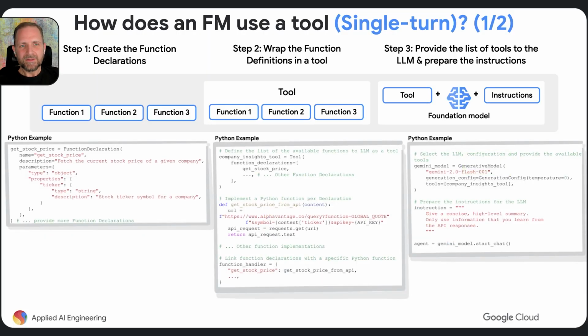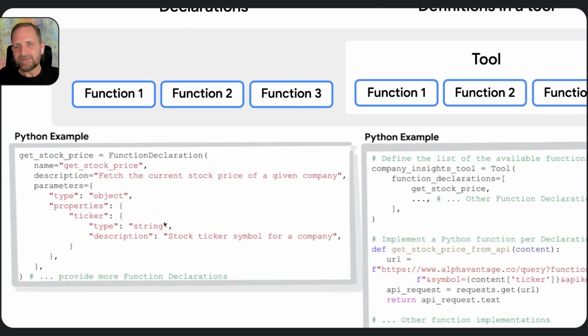The first thing that we need to do is define the different tools. To define the different tools, we need to define different functions. What are those functions? A function is a declaration of a function, get stock price, for example. This is a function responsible to return the stock price. Then we have the definition of the parameters of the function. For example, the parameter is ticker, and this parameter has the acronym of the specific company.